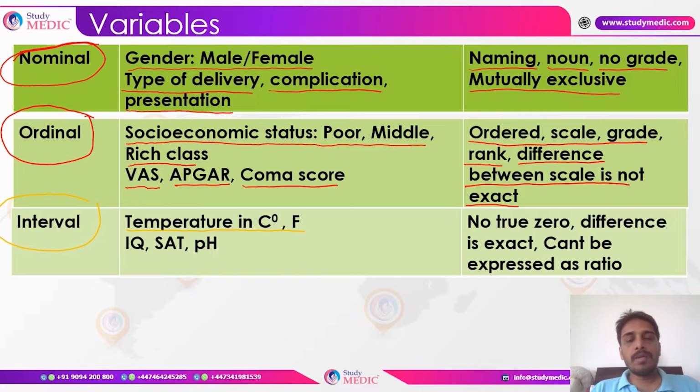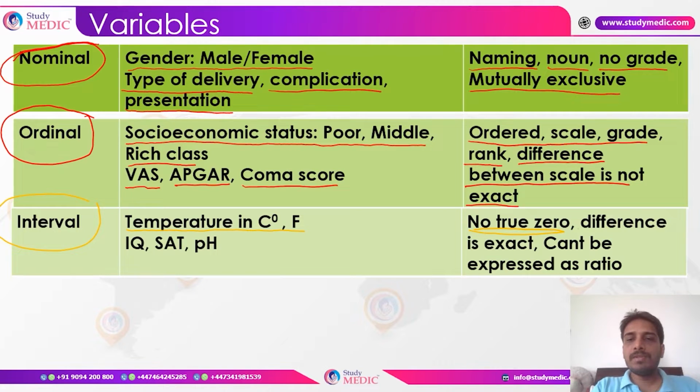It could be some other value in degree Fahrenheit, or some other value in Kelvin. Temperature in Kelvin has an absolute zero. 0 Kelvin actually means minus 273 degrees Celsius. It is the absence of temperature. But 0 degree Celsius does not mean absence of temperature. So it does not have a true zero.